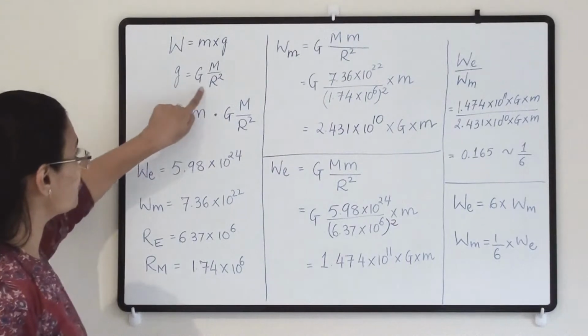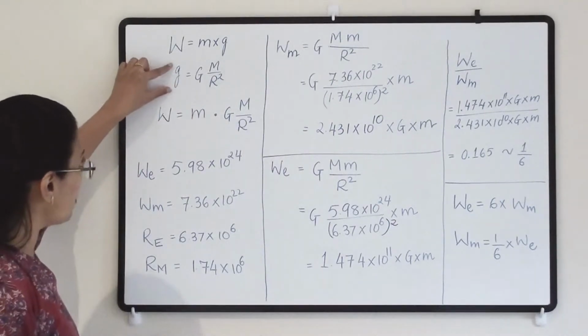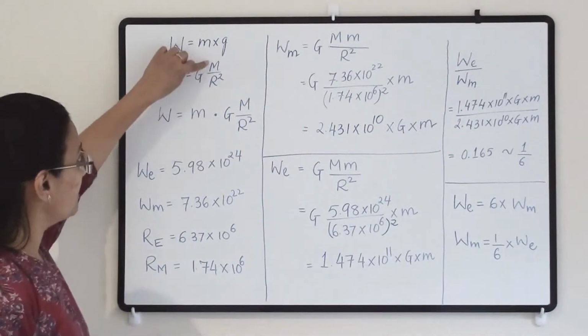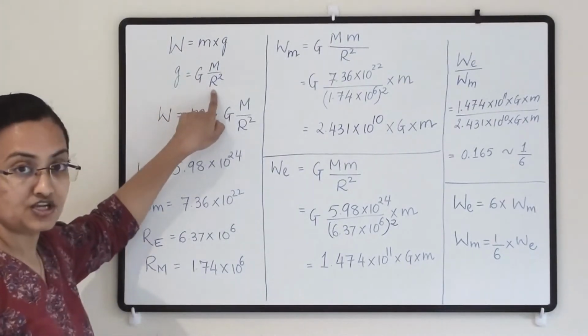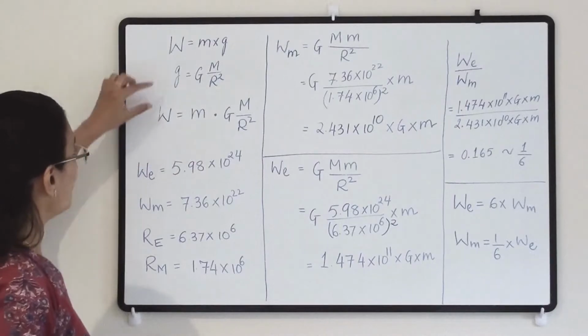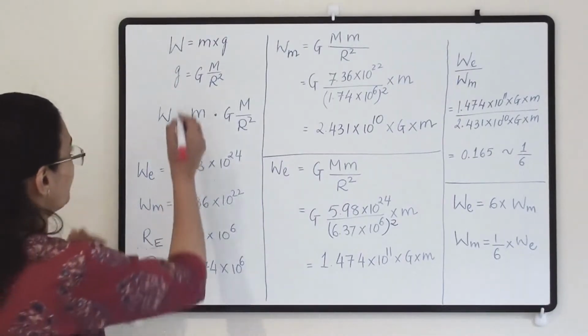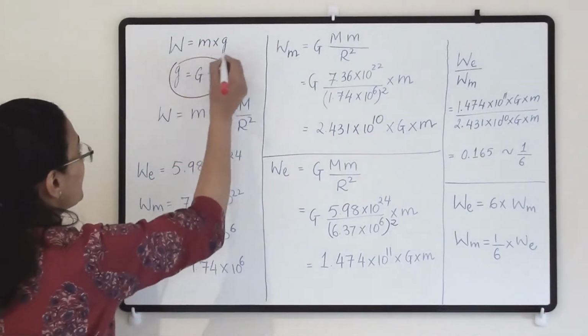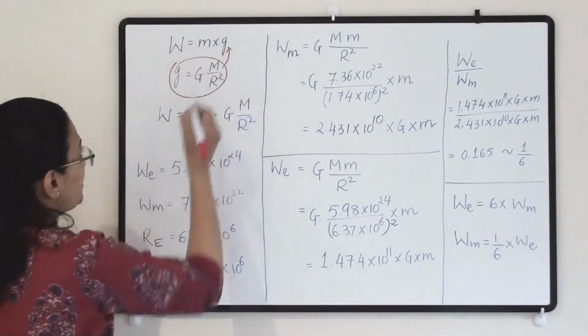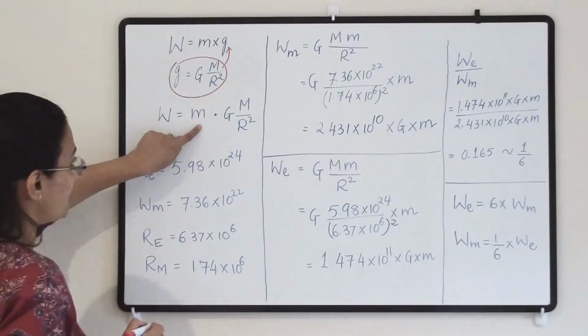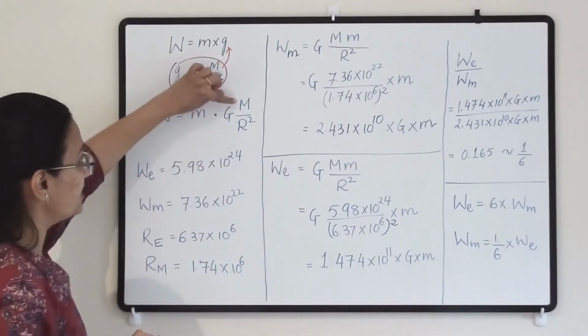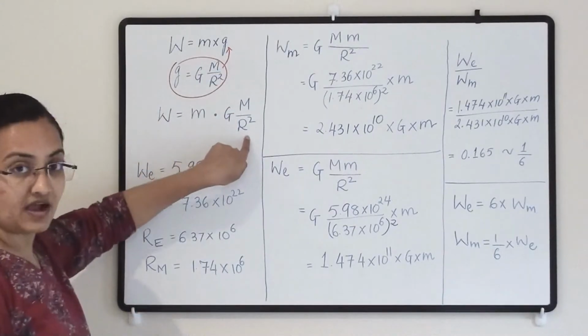When we put this value of g in the equation, we get another equation: W equals m into capital G into M divided by r square.